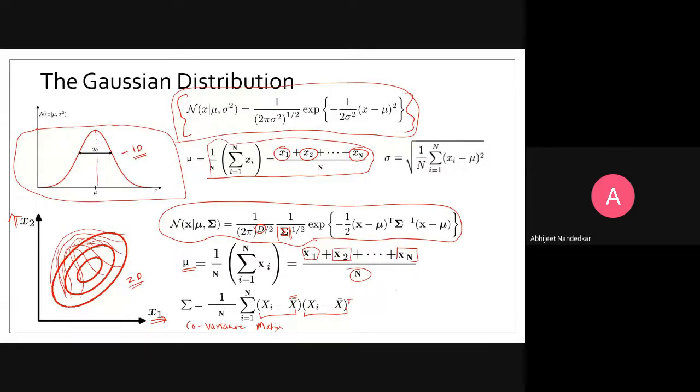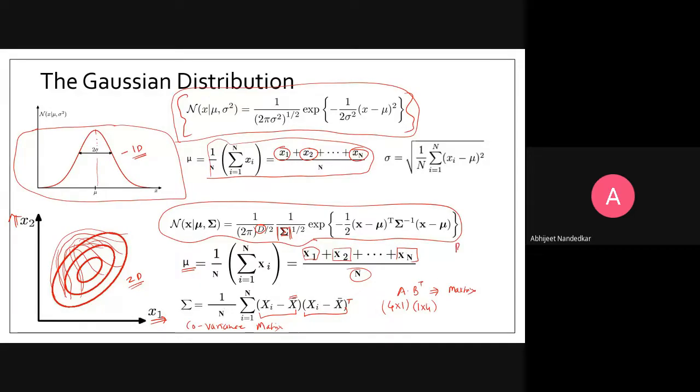That means A into B transpose. So this is going to be a matrix. Now suppose A is of dimension 4 by 1, that is 4 rows and 1 column, and B is also 4 by 1. So the transpose of B will give you 1 by 4.